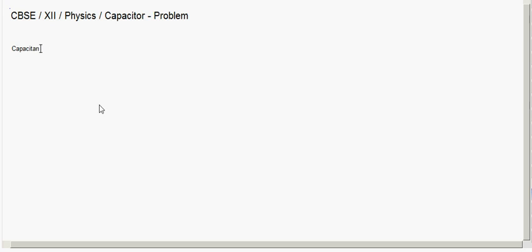Capacitance of a parallel plate capacitor with air or vacuum between the plates is given by C equal to epsilon naught A by D. And we know A is the area of the plate and D is the separation between the plates.